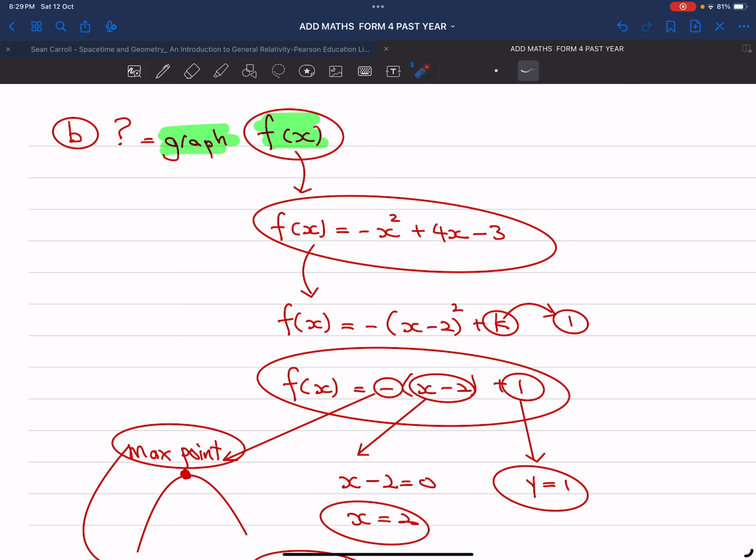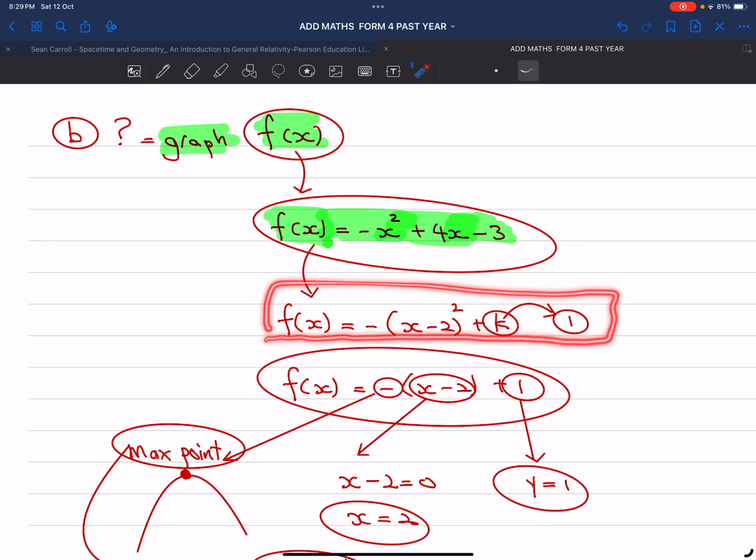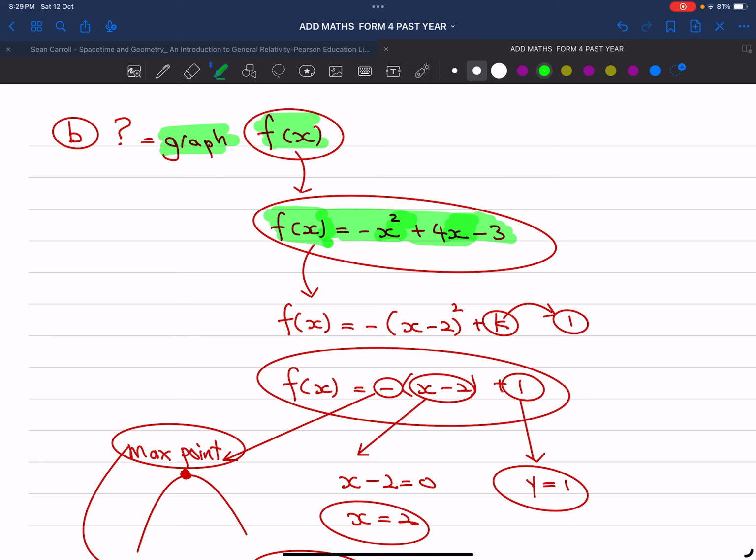The original form, f(x) equals negative x squared plus 4x minus 3, and also the complete the square form, which we got from part A, whereby the k we already got as 1.